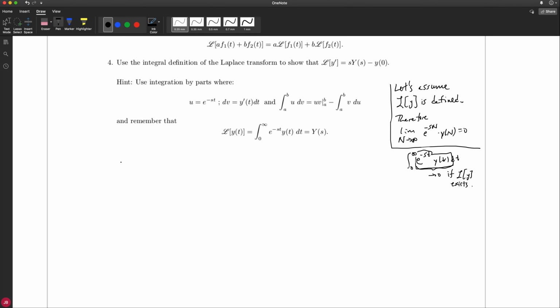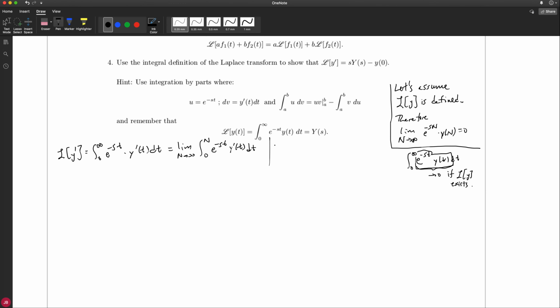All right, so let's compute the Laplace transform of y prime. So we get L of y prime. Well, that equals the integral from 0 to infinity, e to the minus st times y prime of t dt. By definition, that's the limit as n goes to infinity of the integral from 0 to n, e to the minus st y prime of t dt.